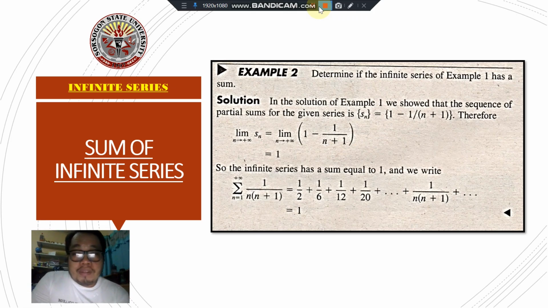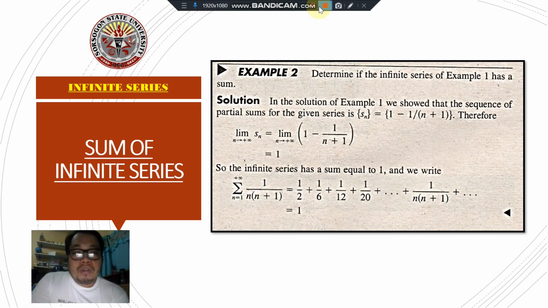approaches positive infinity. So the limit of a constant, which is 1, is equal to 1, then subtracted with the limit of 1 over n plus 1, which is equal to 0. So that is the reason why its limit is equal to 1. So the infinite series has a sum equal to 1.